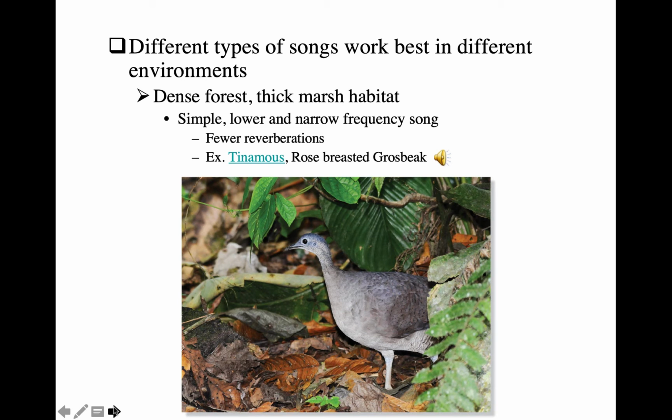So what tends to work better in these habitats are simple, lower and narrower frequency songs. So they'll be kind of sweeter sounding, not as high, kind of low and very melodic oftentimes. I'll give you two examples of that. First we'll look at a tropical species, a tinamou.